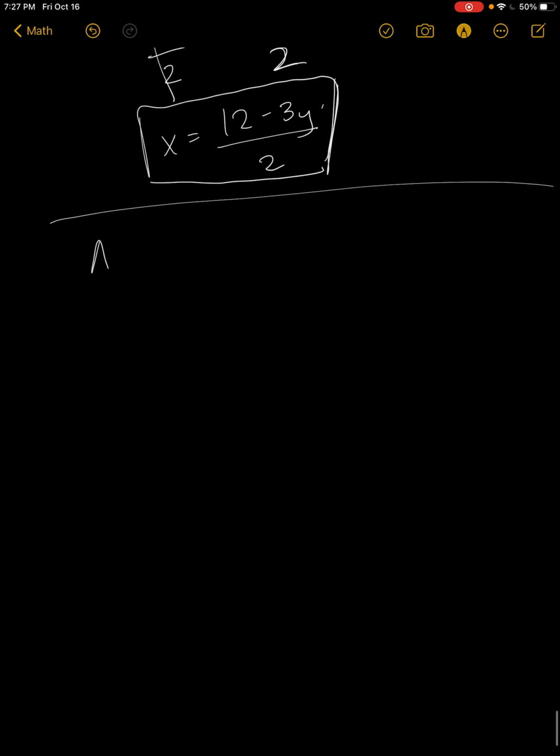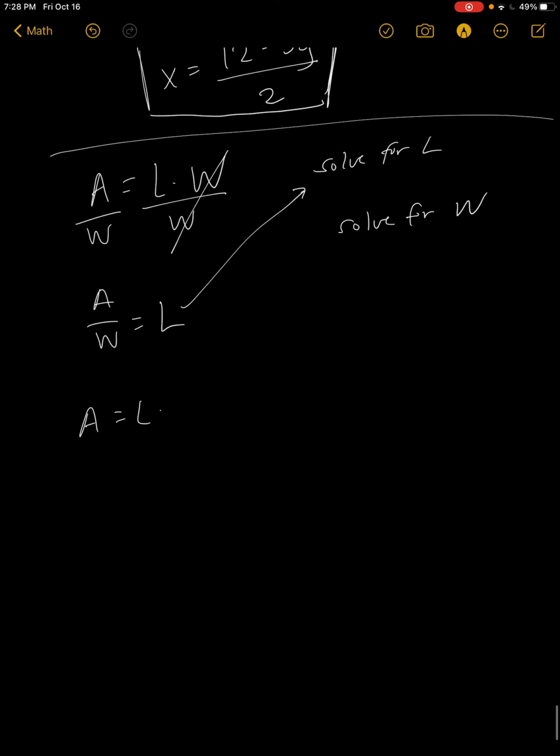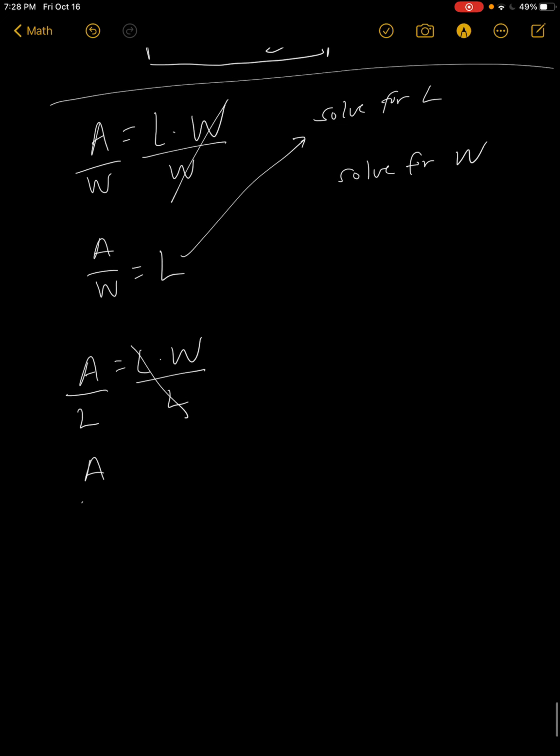An example of how you can rewrite equations: I can rewrite A equals L times W. I can solve for L. If I want to solve for L, I can divide by W, and I get A over W equals L. Or I could even solve for W. So I'm going to divide by L. That equals 1.